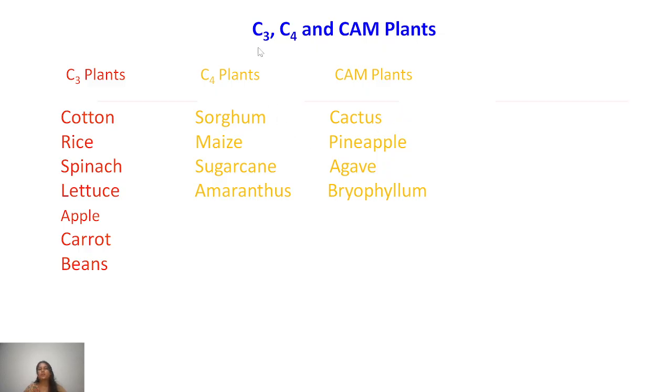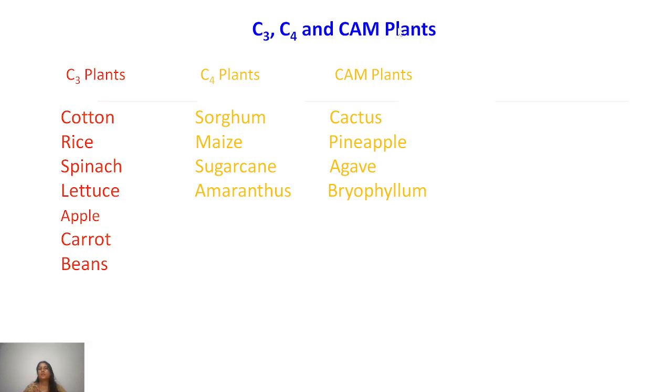A small difference: in C3 plants the first acceptor is Rubisco, in C4 it is PEP carboxylase, and in CAM also PEP carboxylase. Here it takes place in one cell, here in two cells, here in the same one cell. Among the three, the most photosynthetically efficient is C4, because of the efficiency of PEP carboxylase.